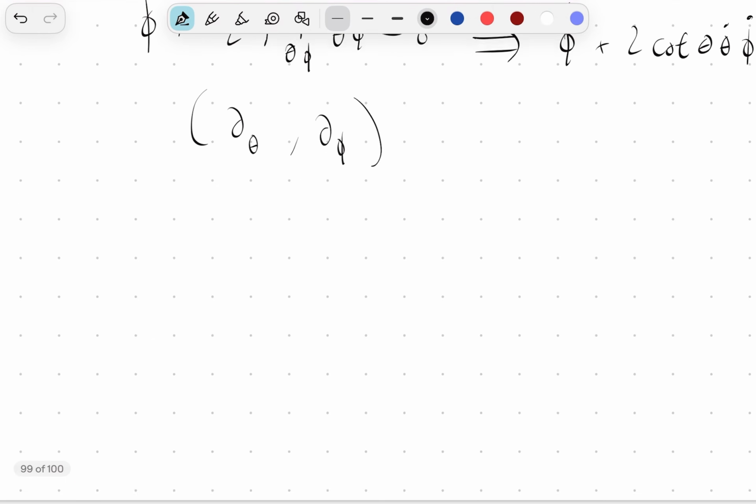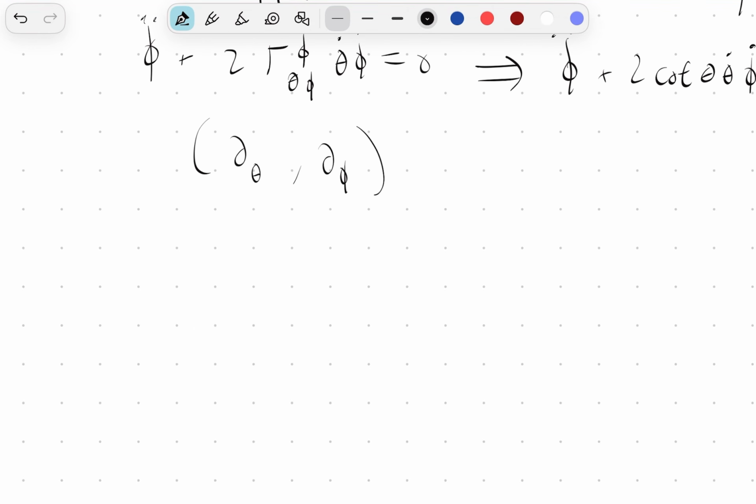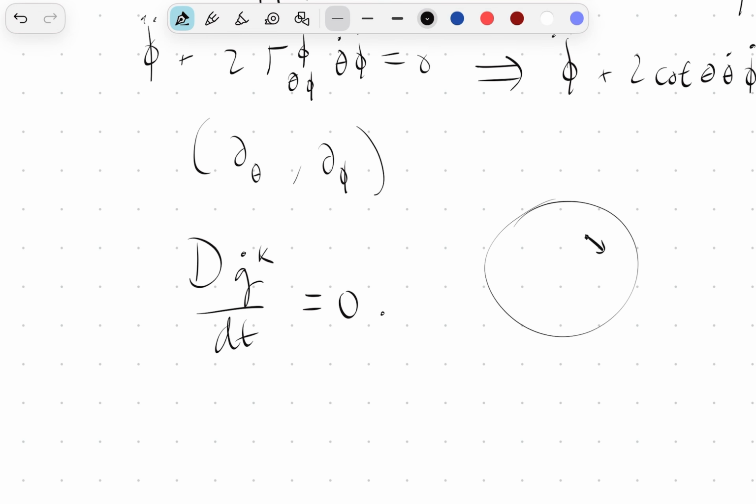So in the intrinsic sense, one could say that the covariant acceleration is equivalent to 0, and that the particle's intrinsic velocity is being, sorry, that was a really bad drawing, but the particle's velocity is being parallel transported. All right.